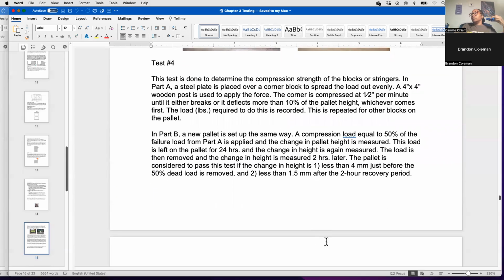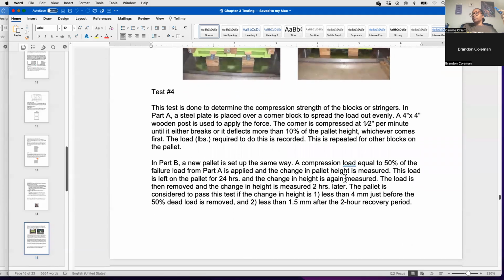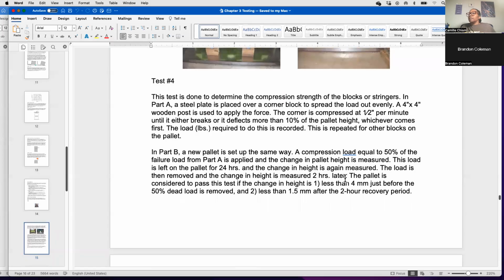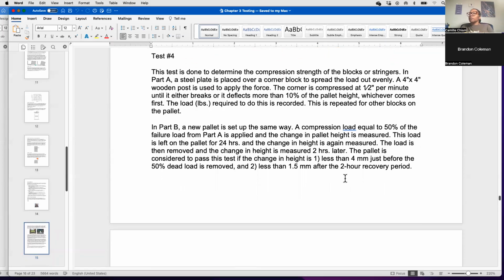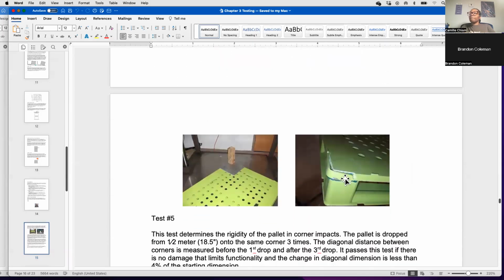Part B, same thing, except that your load is 50% of that failure load. So whatever it took to make it fail, you're going to do 50% of that and see what happens then. And you're going to do it over 24 hours. So you can see these tests are pretty specific.